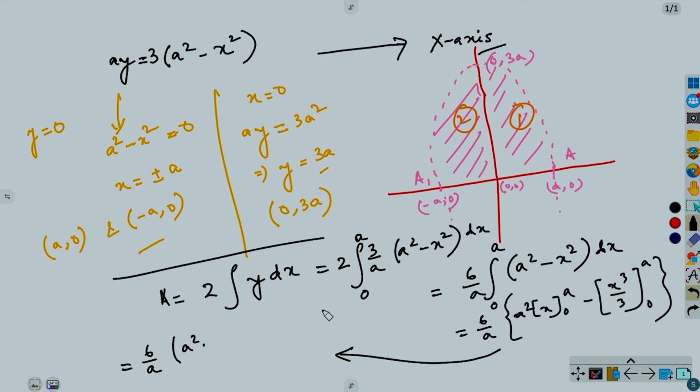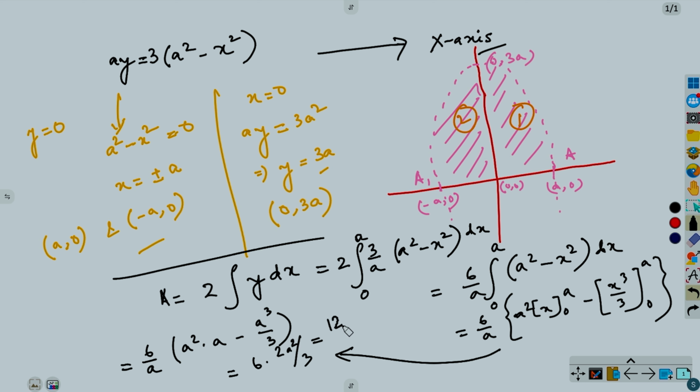So if we simplify this, this is basically 6 by a times a square into a minus a cube by 3. A cube minus a cube by 3 is 2a cube by 3, and we have a in the denominator, so 2a cube by 3 by 3a, a will be cancelled out, so 2a square by 3.